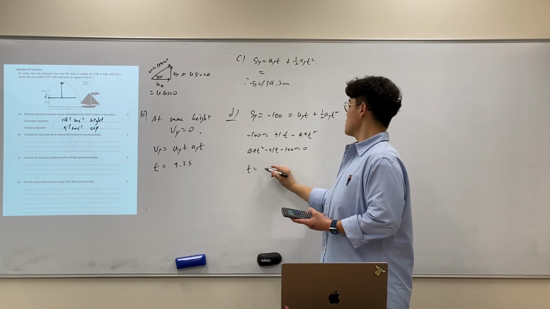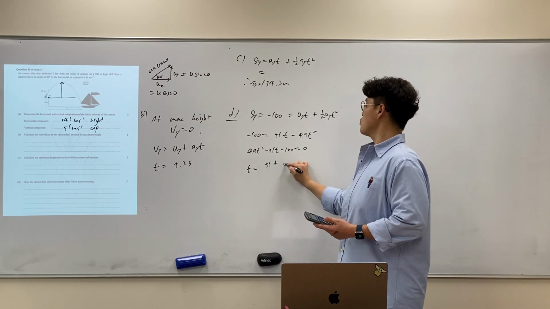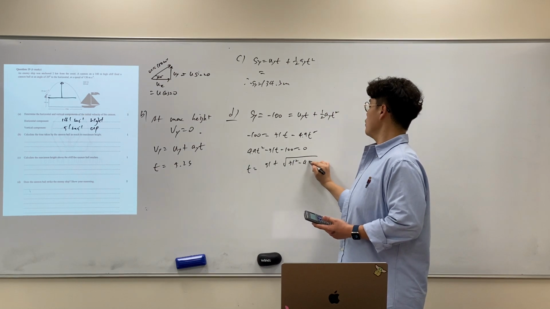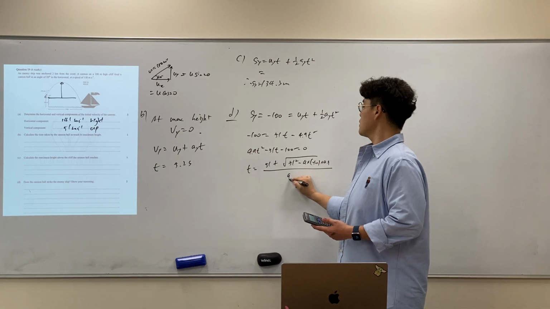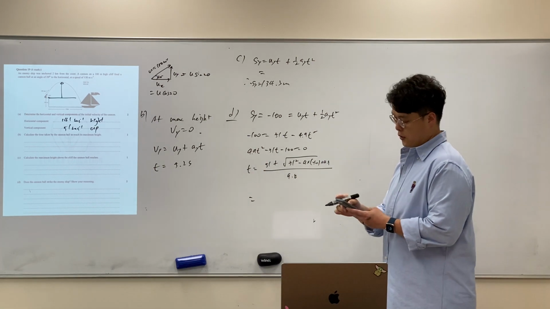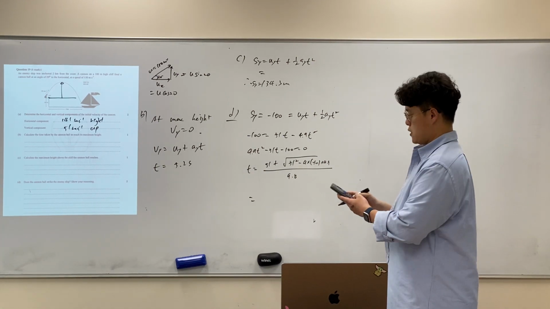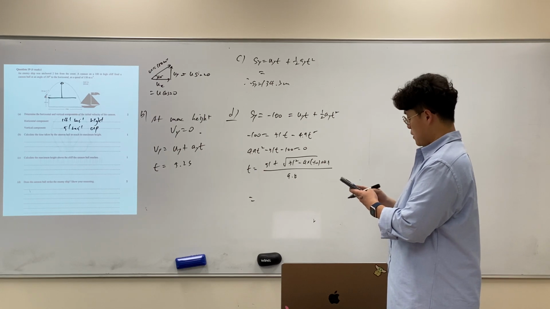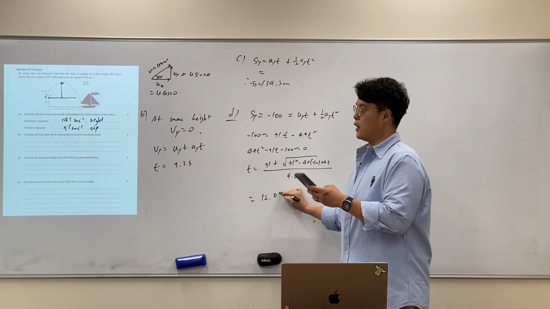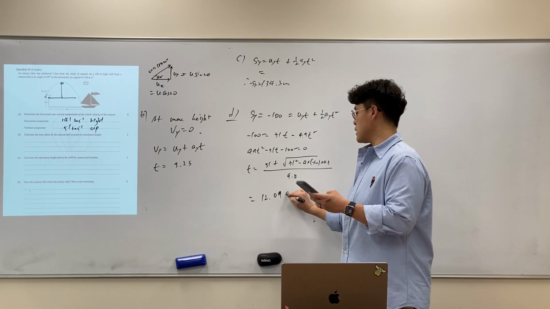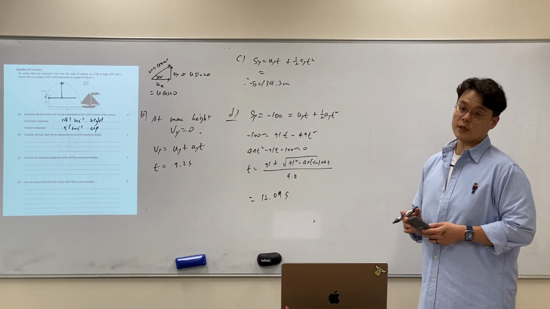T would be simply quadratic: 51 plus root of 51 squared minus 4 times minus 100 times 4.9, divided by 9.8. You should get 12.09 seconds for the total time taken.